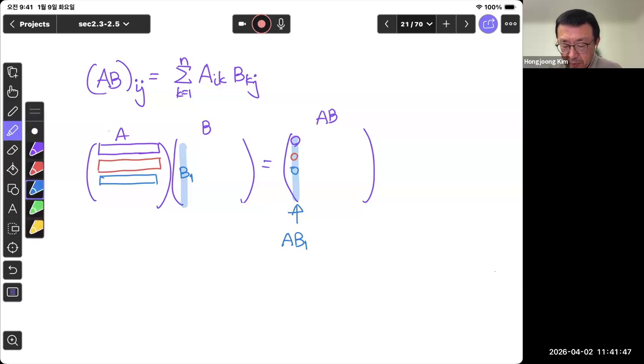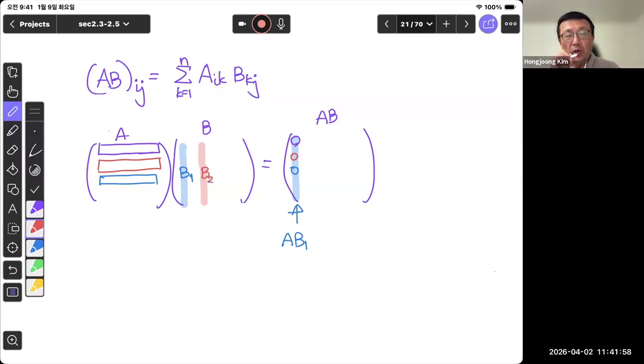If I consider the second column of B, and call it b_2, then when you multiply each row of A with b_2, you get the entries in the second column of A times B. So the second column is obtained by multiplying A with b_2.